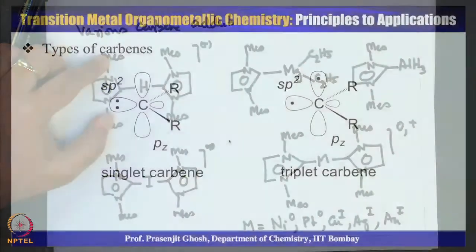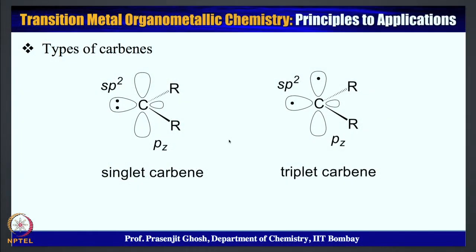carbene ligands. Now, regarding the classification of carbenes, we had discussed and we have found that there are two classes of carbene, Fischer carbene as well as Schrock carbene.